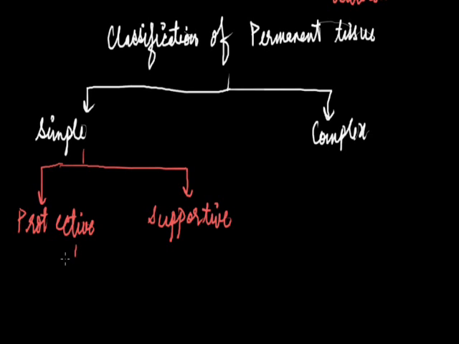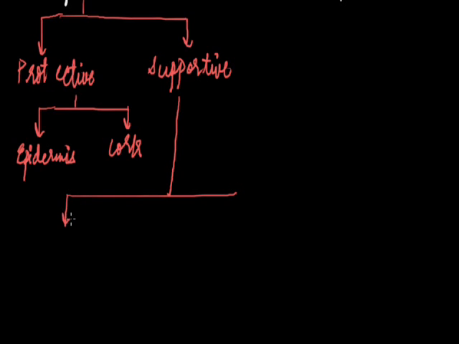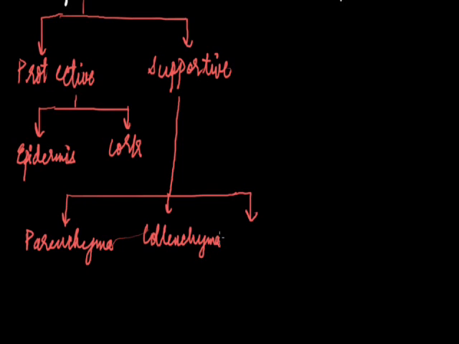These protective tissues are again of two types, epidermis and the cork. These supportive tissues are again divided into three different types, parenchyma, collenchyma, and last, sclerenchyma.